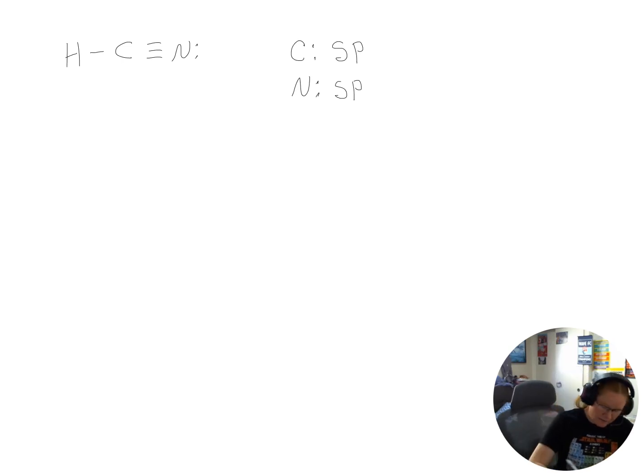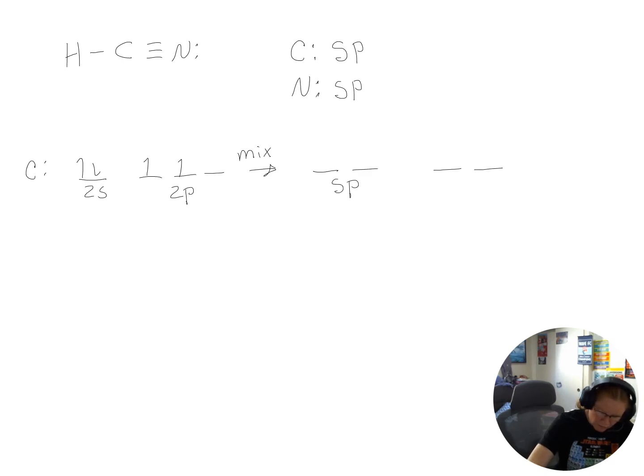Okay, so our carbon, we have our 2s and 1, 2, 3, 2p, 1, 2, 3, 4. We'll mix. So I get 2 sp and 2 leftover 2p. Okay, so I need a sigma bond and I need another sigma bond. I've got that triple bond, so I need 2 electrons that are capable of participating in pi bonds.